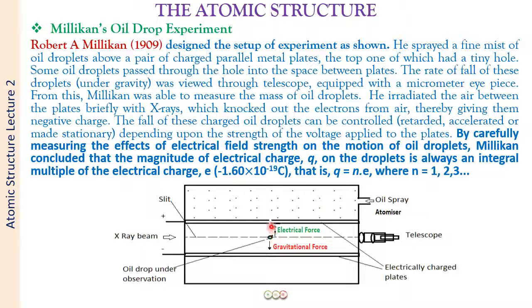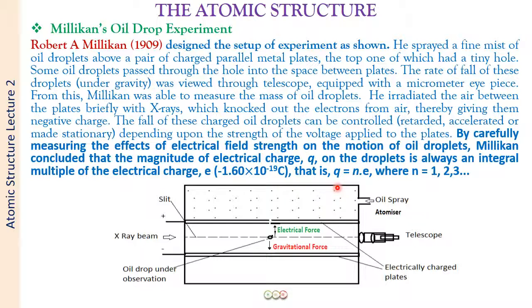And by carefully measuring the effects of the electric field strength on the motion of the oil droplets, he found that the magnitude of the electrical charge q on the oil droplets was always an integral multiple of the electric charge e, the value of which he found was minus 1.60 × 10^-19 coulomb.